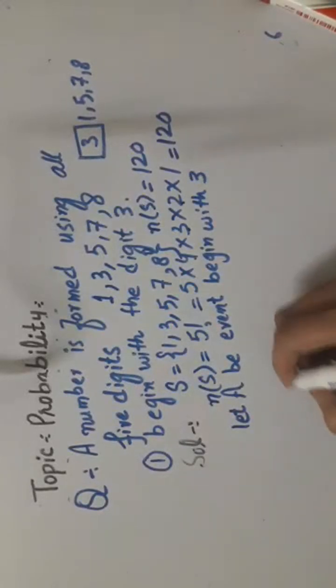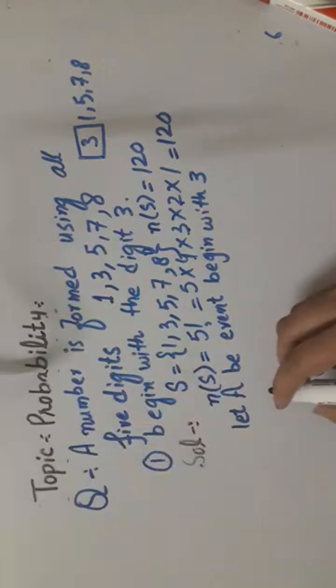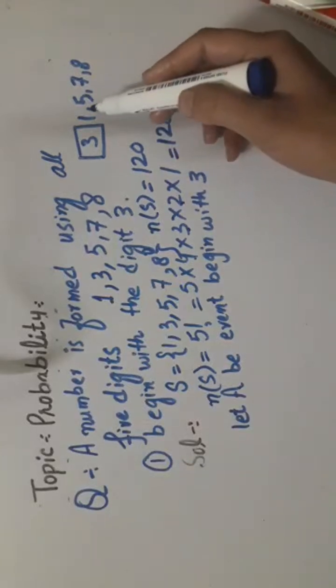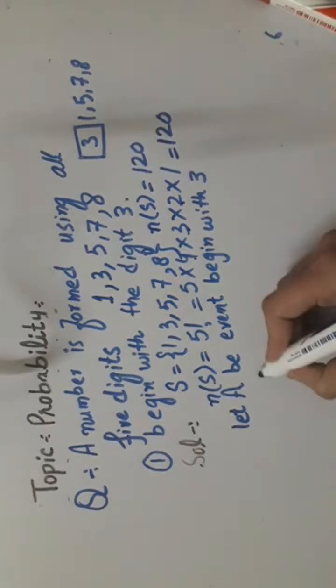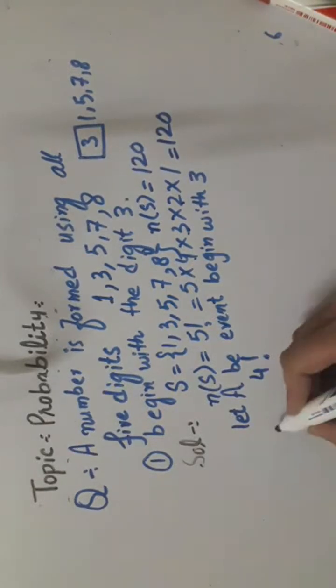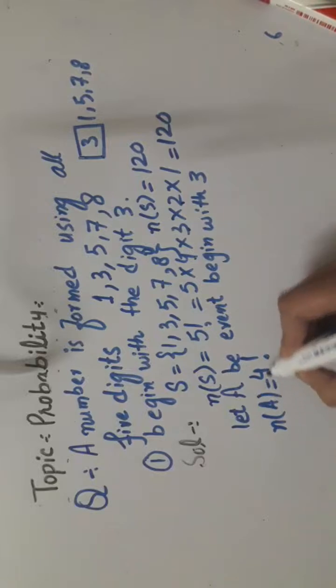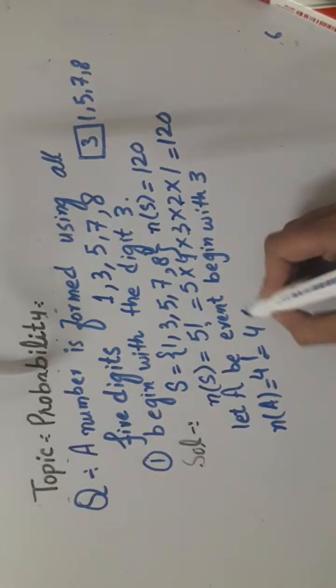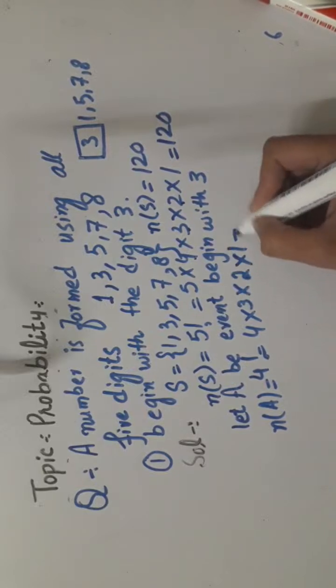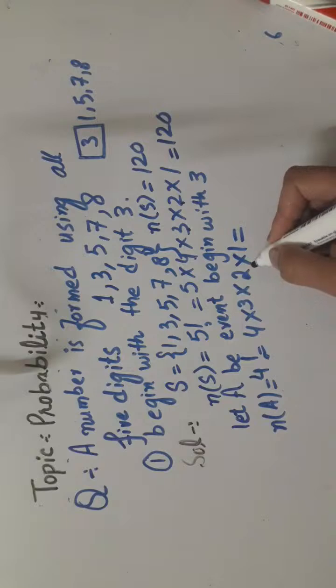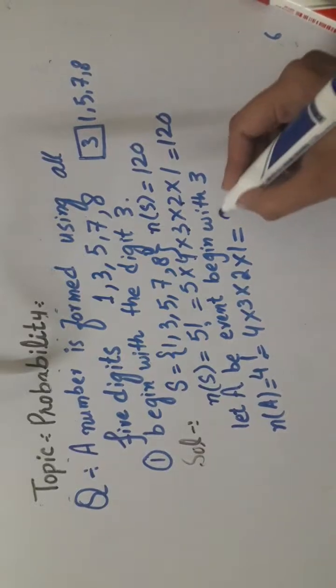So these 4 numbers can be used. So this will be equal to 4 factorial, which is equal to 4 multiply 3 multiply 2 multiply 1. So this will become equal to 24.